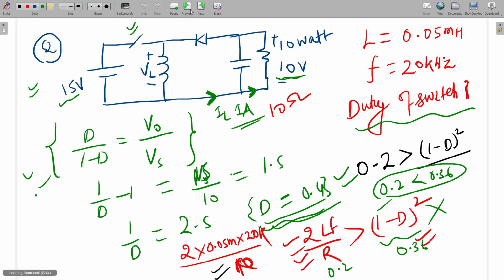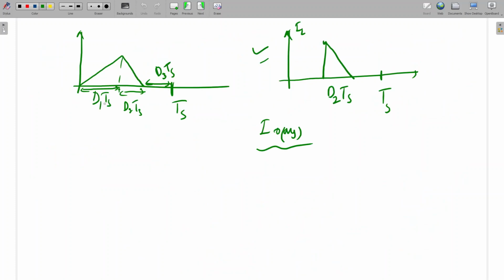Sir, we can find the on period and off period separately, both D1 and D2 we can calculate. So it is asking duty, which means this is the duty D1. This is the charging time and this is the discharging time. But total time period is this one.